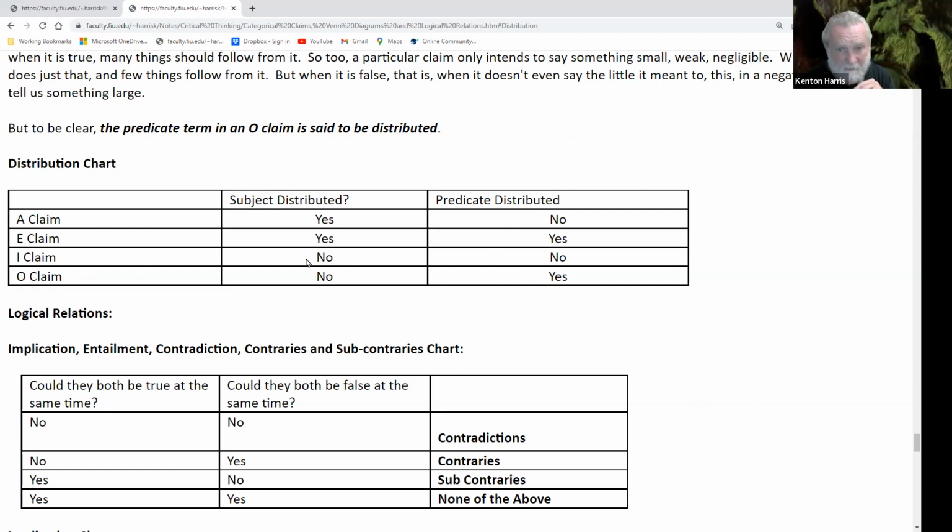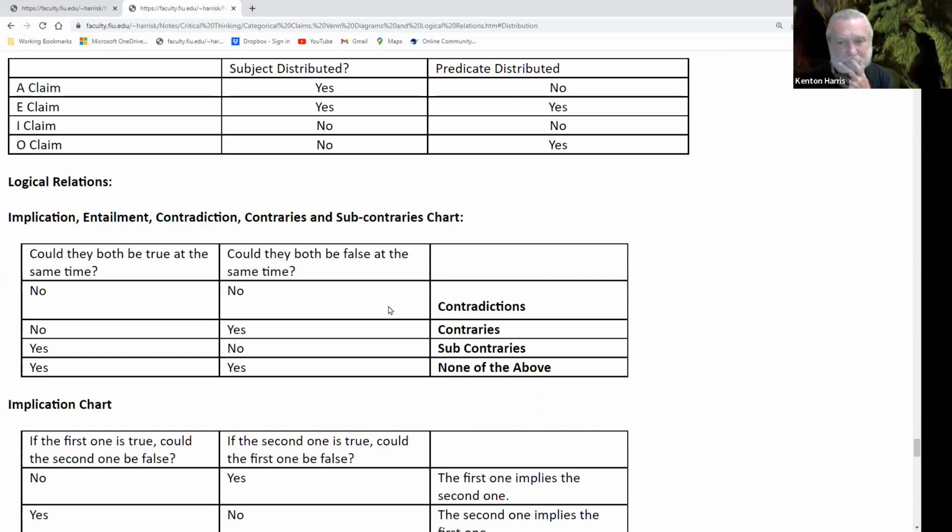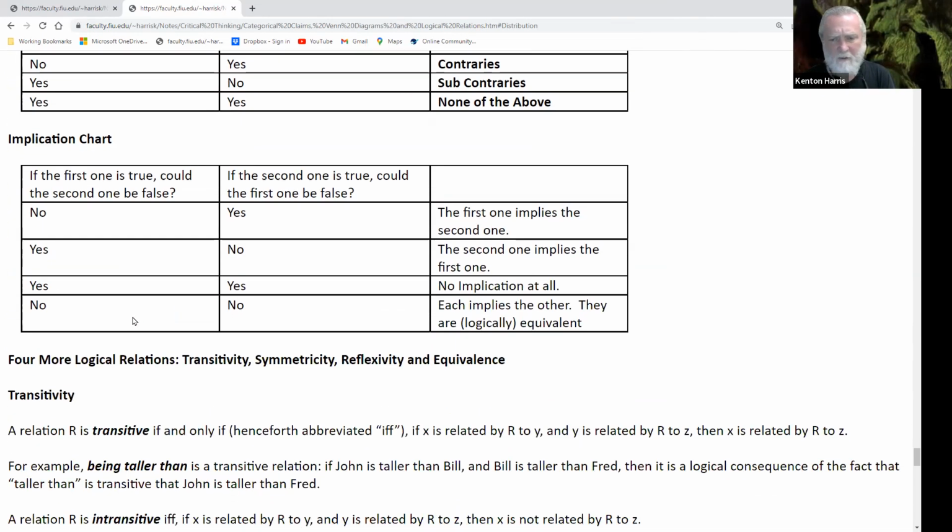I claim: neither subject nor predicate. And O claim: not the subject, but yes, the predicate. And if nothing else, that makes it much more symmetric, right? So you've got yes, yes, no, no, and here you've got no, yes, no, yes. That's not why it's that way, but that's how it works out, okay?